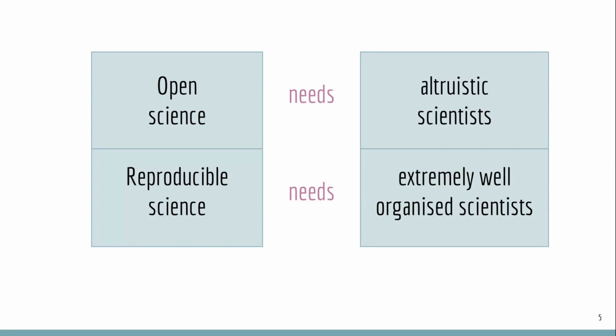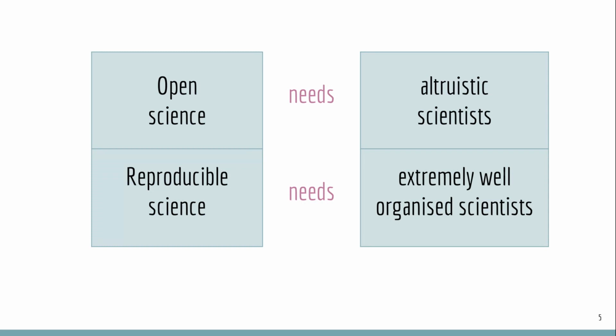For reproducible science, I think we need extremely well-organized scientists. So getting computational reproducibility is hard, and you need to be quite organized and have a good tool set to be able to have reproducibility.